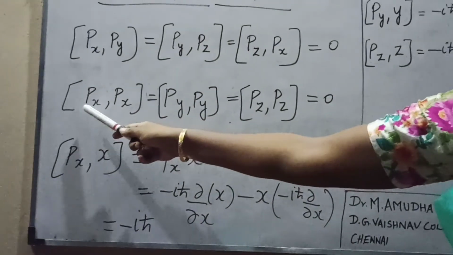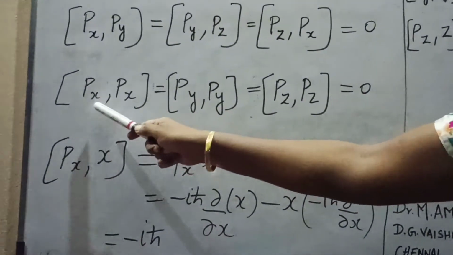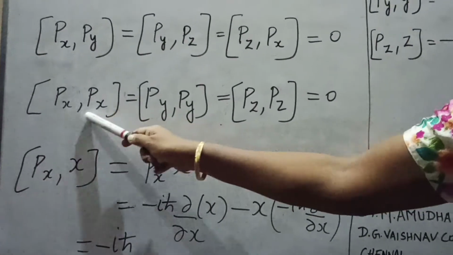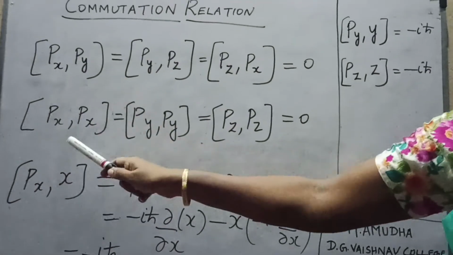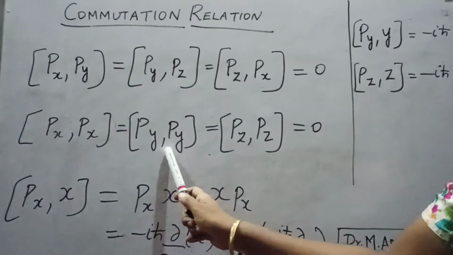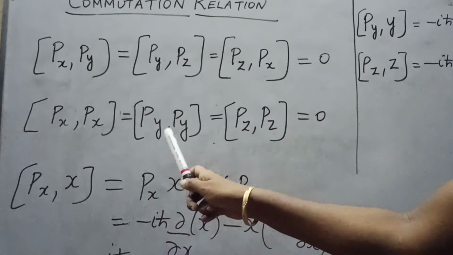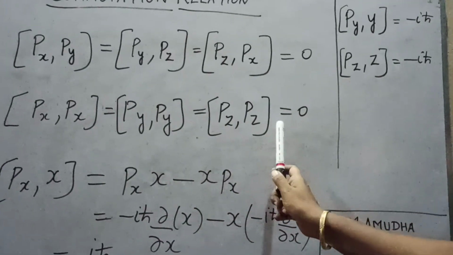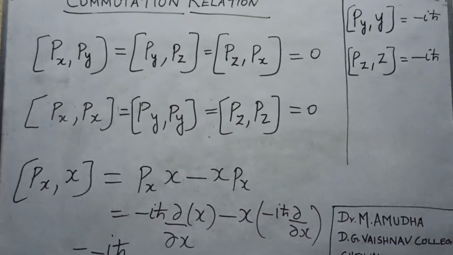Similarly, even if the operators have different components, if the operators belong to the same group, then the commutation relation of all those operators is also found to be equal to 0.